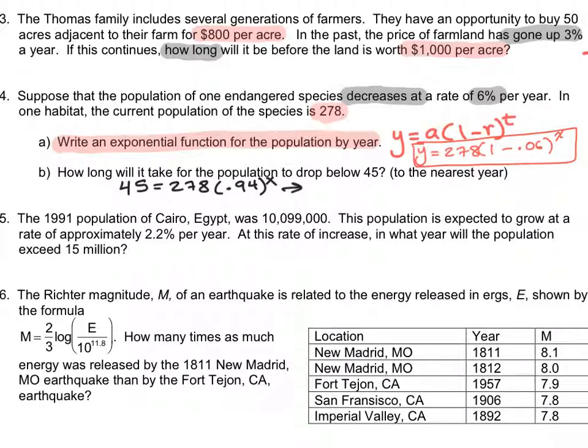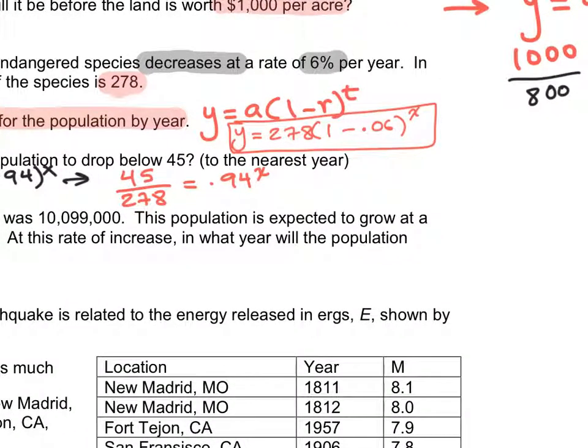Now remember, to solve for x, I need to, first of all, isolate the exponential by dividing by 278, and then I will have to change it to a logarithmic equation. So now I have 45 over 278 is equal to 0.94 to the power x. Now, I need to change it to a logarithmic equation.